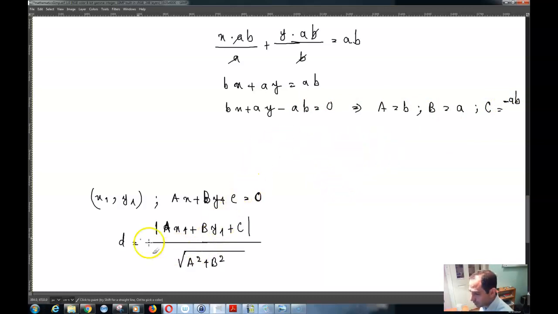And the point is the origin, meaning that the perpendicular is being drawn to this line from the origin. So that means that x1, y1 is 0, 0.